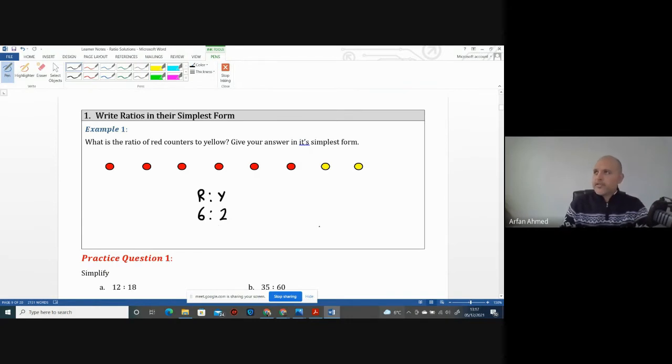Simplifying is very similar to how you simplify fractions as well. So if you had a fraction 2 out of 6, what's a common factor that goes into both 2 and 6? Well, if they're even numbers, definitely 2. So you can divide that numerator by 2, you get 1.